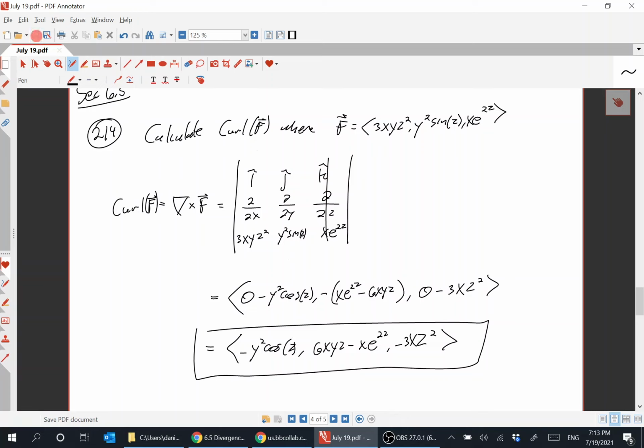curl. They go to some lengths to try to explain what the curl is, like in terms of cyclic actions of vector fields. It never really quite makes sense, because that's not really what it is.